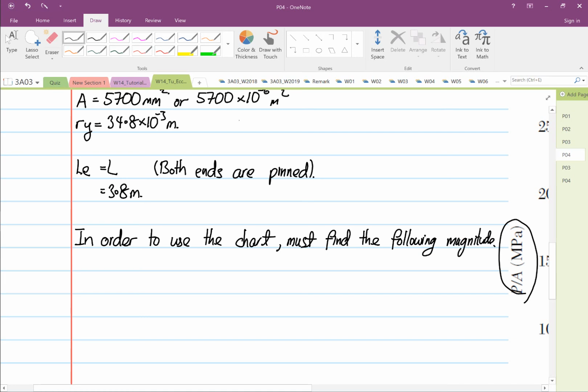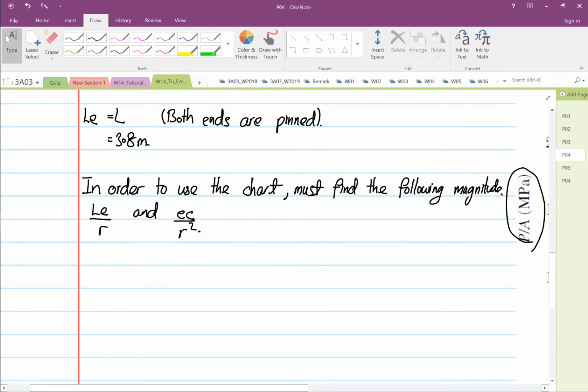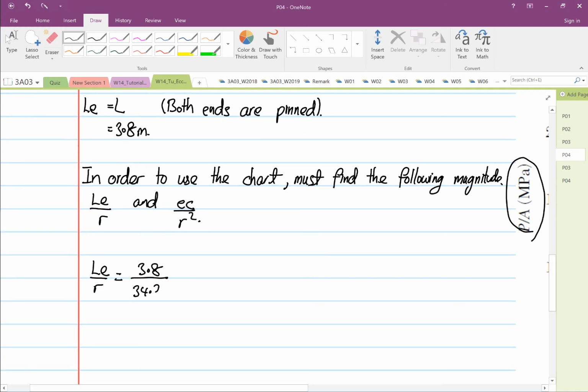What we need to find is Le over r, and we also have to find our ec over r squared. So Le over r: we know our Le is 3.8, and we identify our radius of gyration is 34.8 times 10 to the power minus 3. So this will be equal to 109.2. Okay, so this is on our x-axis.